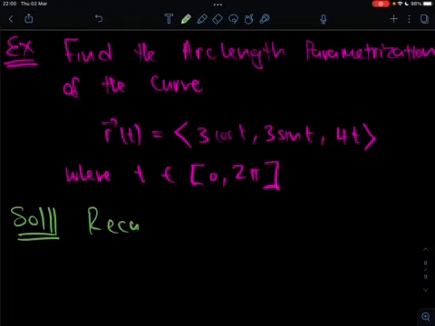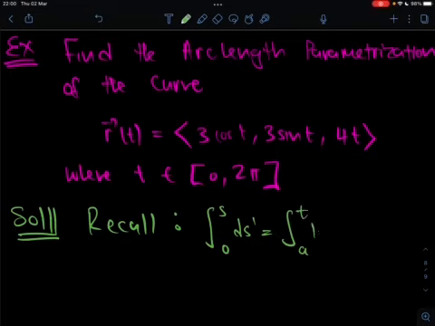Recall the integral from 0 to s of ds prime is the same as the integral from a to t of the magnitude of r prime of t prime dt prime. That's one thing that we know is true. Now how can we make use of this to perform the arc length parametrization?